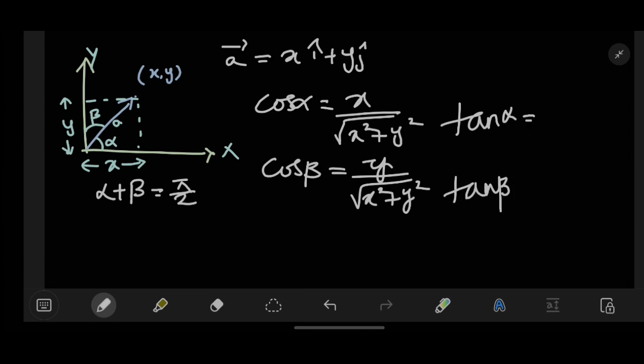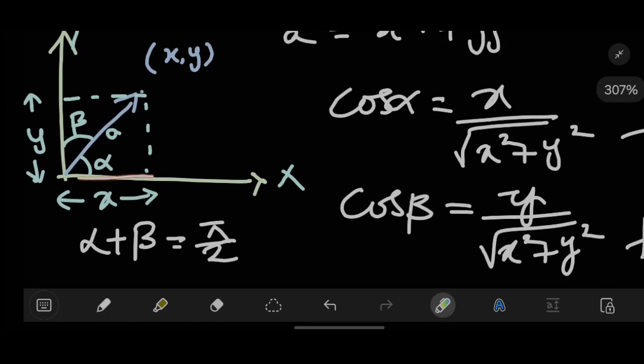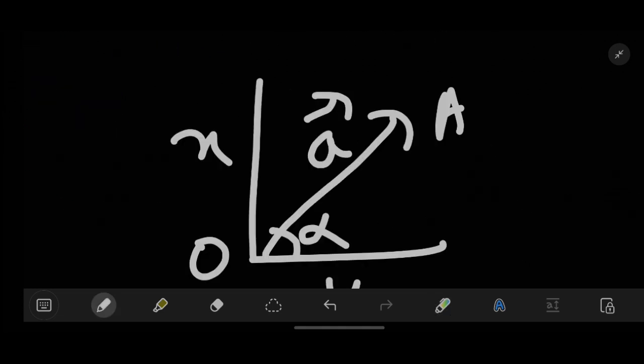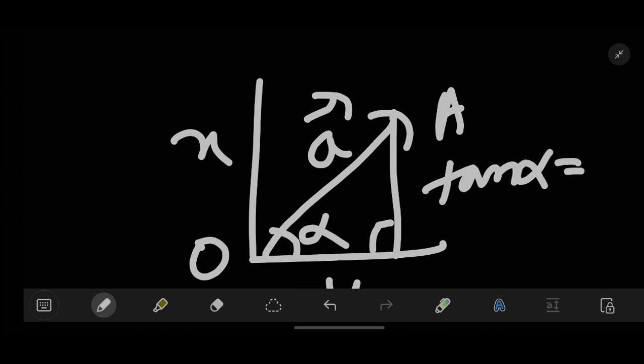So tan alpha and tan beta. First I'll explain with tan alpha. Consider this as a right angle triangle. I'll draw it again. So look at this. Now this will be considered as a right angle triangle. What is tan alpha now? Opposite, that is this side, by adjacent is this side.